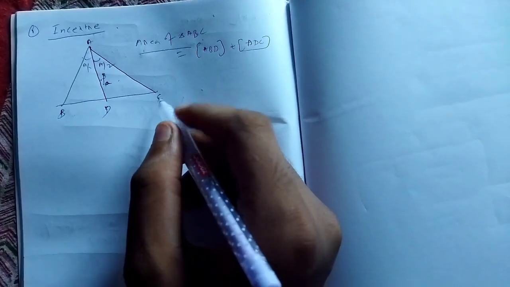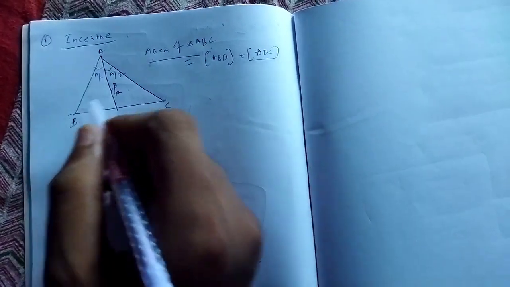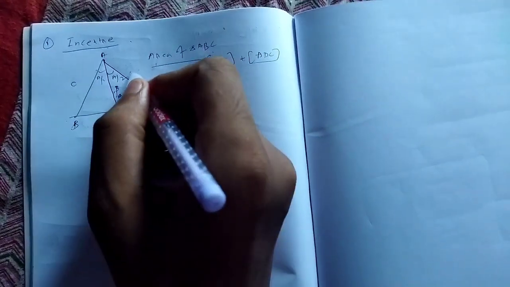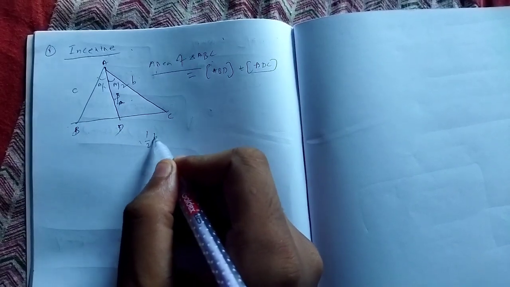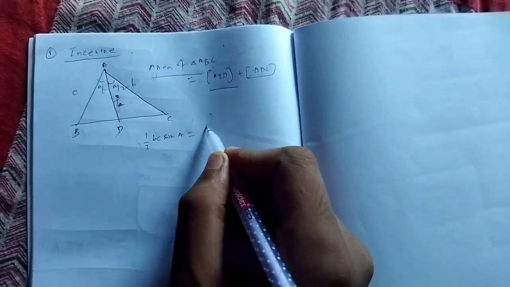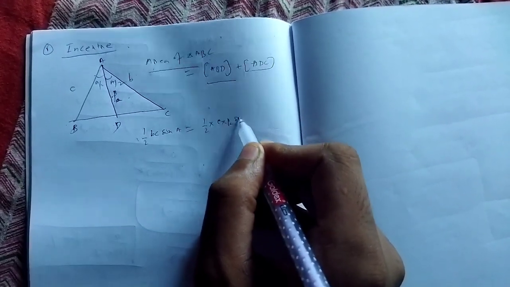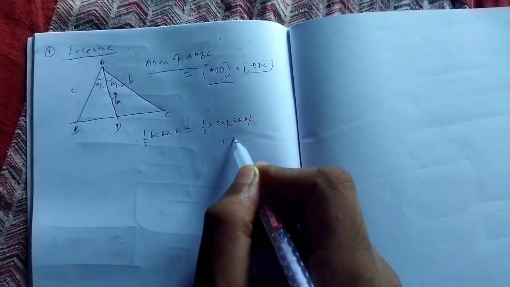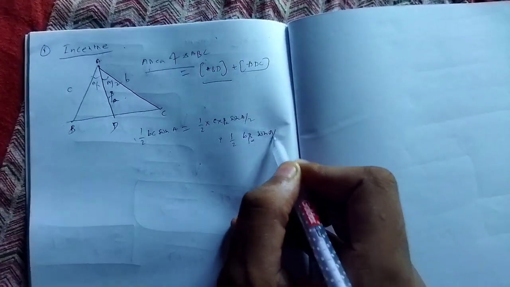Area of triangle ABC is half BC sin A, equal to half C beta A sin A by 2 plus half B beta A sin A by 2.